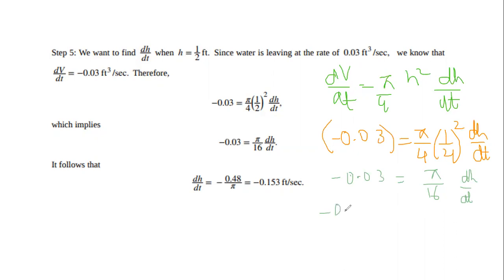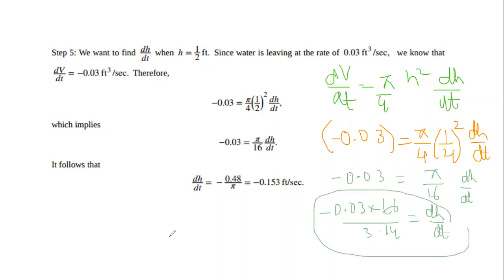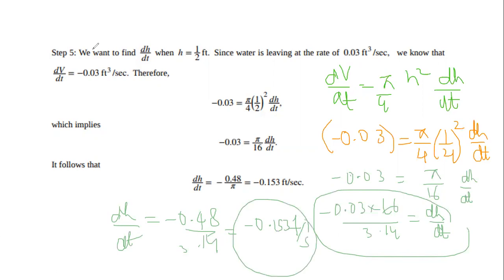It is negative 0.03 multiplied by 16 divided by 3.14 equals dh/dt. So dh/dt will be negative 0.48 divided by 3.14. So it will be negative 0.1533 feet per second. So this is the end of today's lecture.